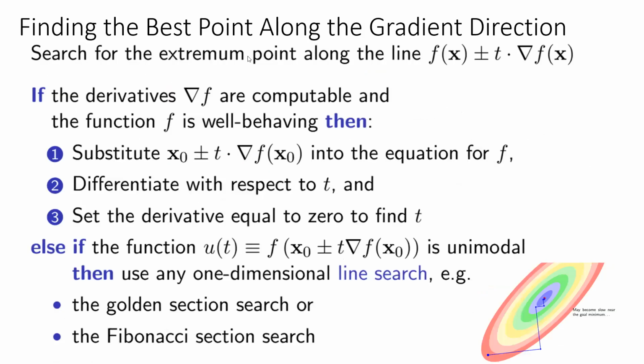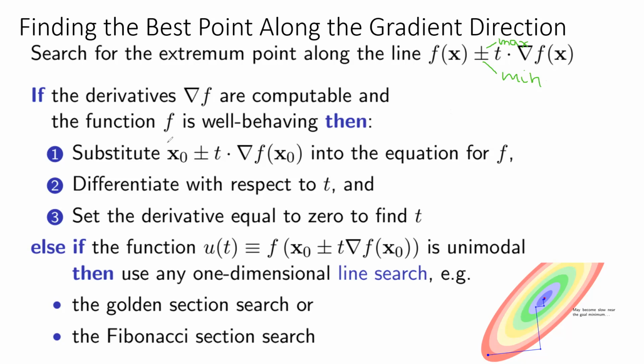Next, we can find the best point along the gradient direction using different approaches. If we want to find maxima, we move in the positive direction. For a minimum, we move in the negative direction. If our function is a good function and we know the gradient, then we do a simple trick.